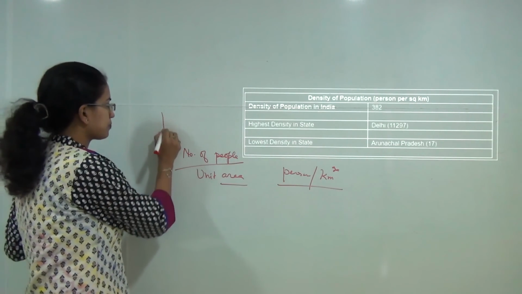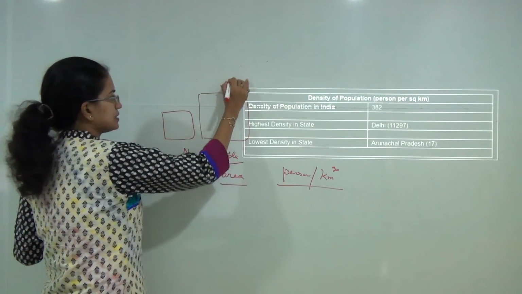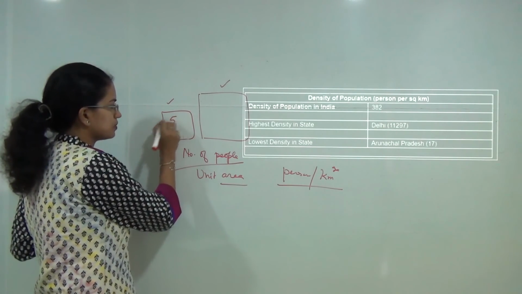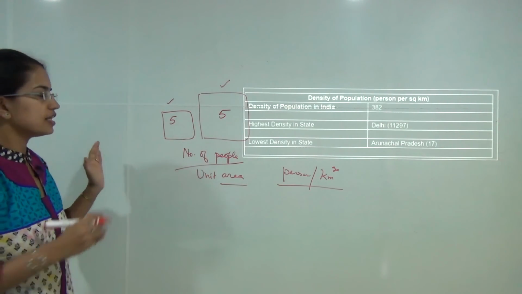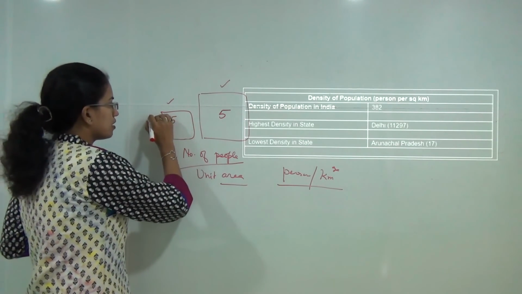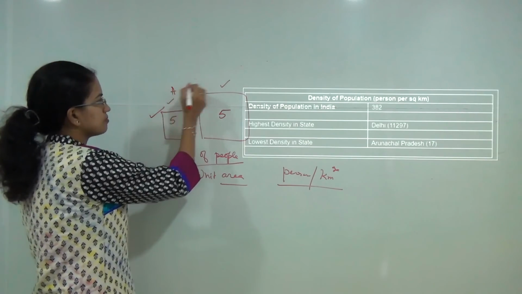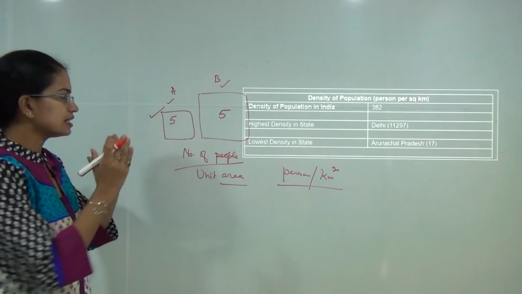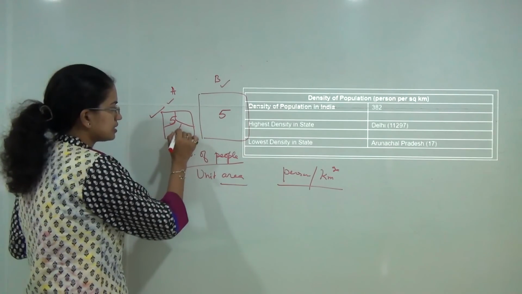So let's say I have 2 patches of land. This patch is bigger than this, okay, and I have 5 people who are living here, and again 5 people who are living here. Then obviously the density for the people living in the first patch, patch A, would be more, because the land is limited and you have more people sharing the same land.